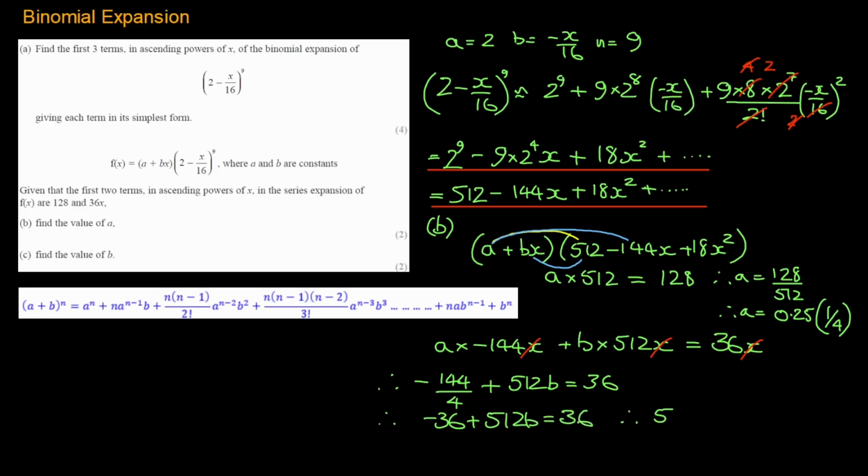Therefore, 512b equals 36 hops onto the other side as we add 36 to both sides and becomes 72. And therefore, b equals 72 over 512, and that cancels down to 9 over 64. And that is your answer to part B.